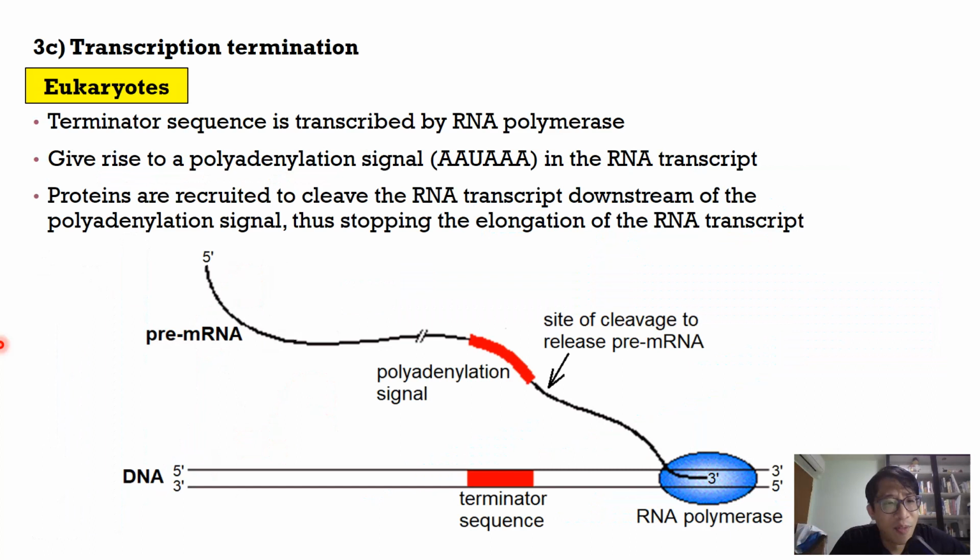For the eukaryote, there's no hairpin loop formation. It's a bit different. The terminator sequence carries a particular sequence with this AATAAA. Let me just repeat this to make it clearer. The terminator sequence is transcribed.